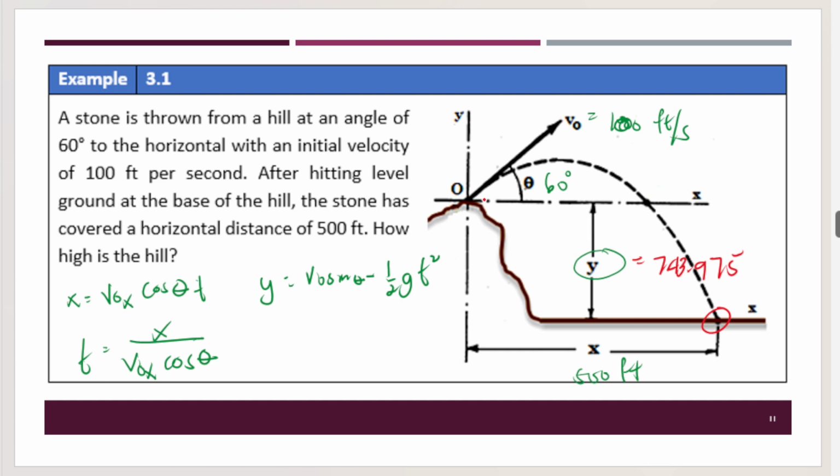Siguro mula sa sahig ka, no, bumato, parang nakahiga. Kasi pag ina-analyze mo yung problem, kung elevation niya pag-uusapan, di ba pag bumabato ka, dapat may height ka pa, no? Pero dito, sa problem, parang assuming na nakahiga ka nung binato mo, parang ganun, no? Or parang dikit na dikit yung inyong kamay, no, dun sa surface ng hill, no? Parang ganun. Pero, nevertheless, that's the approach on the problem.